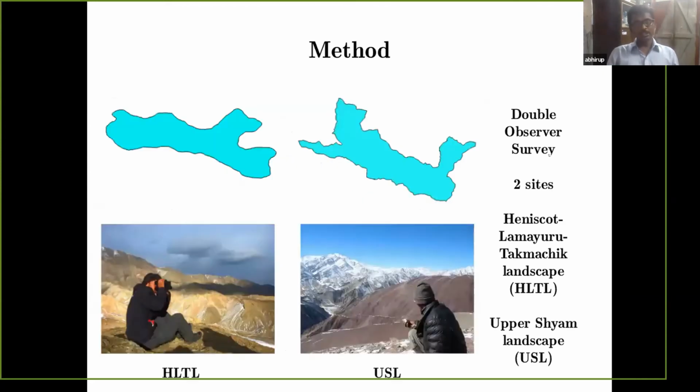These two landscapes are very similar in topography, but there are differences in local culture, local religious practice, presence of army personnel, and other factors. Also, the Upper Sham landscape has many more nomadic herders than HLTL, whereas HLTL sees a lot of crop production.